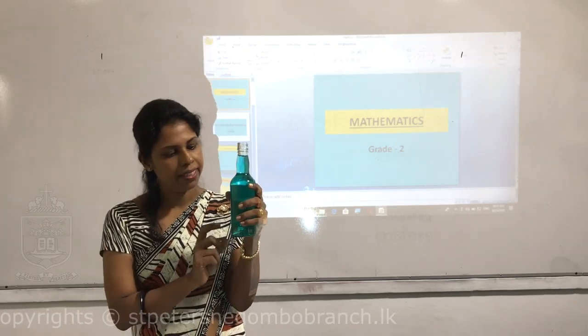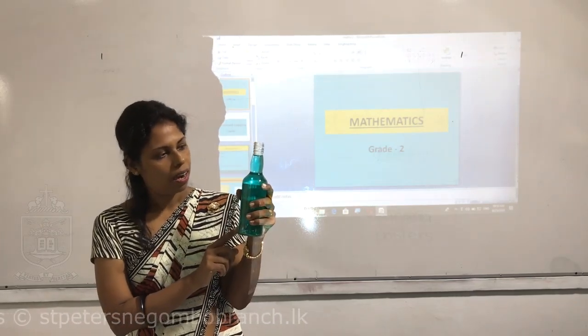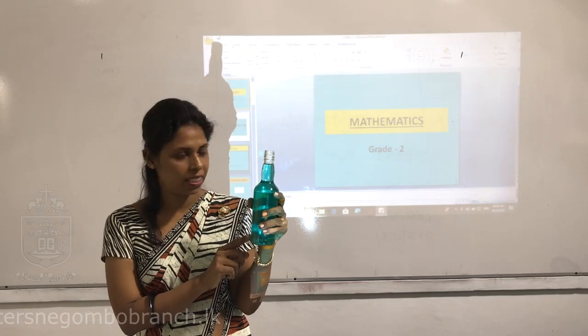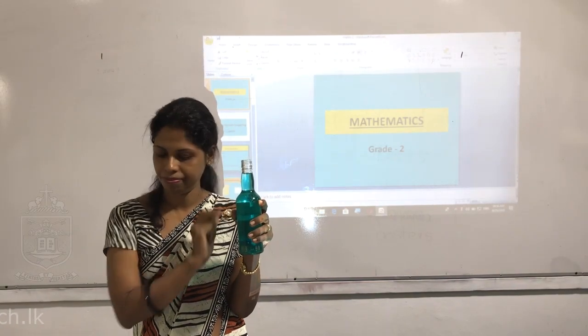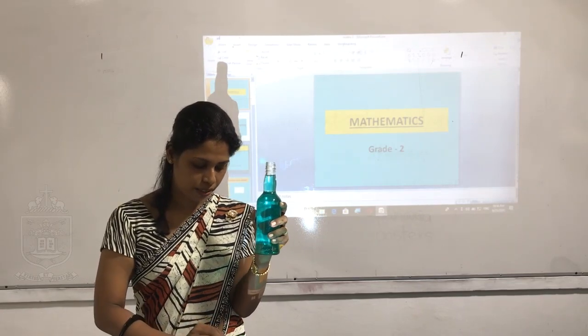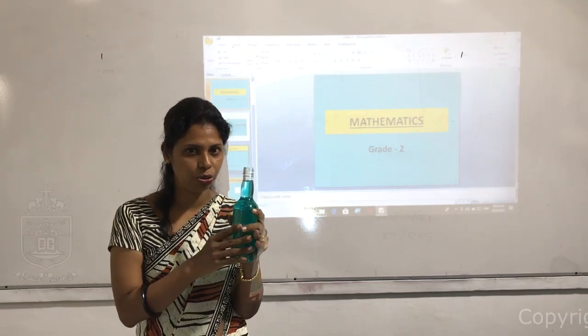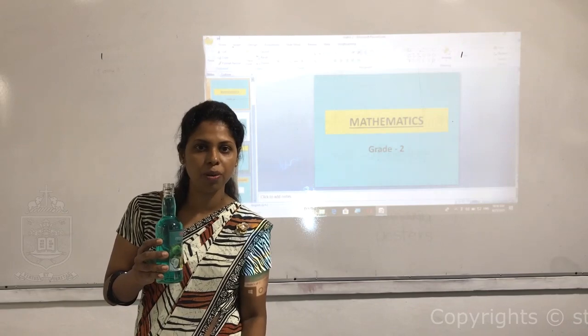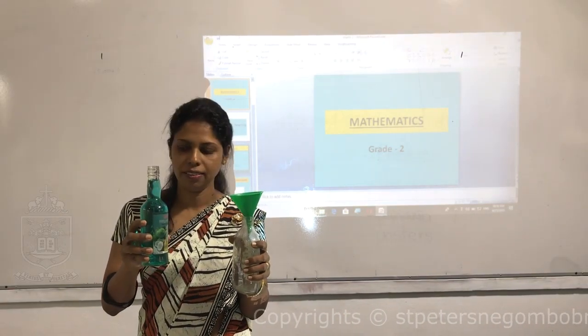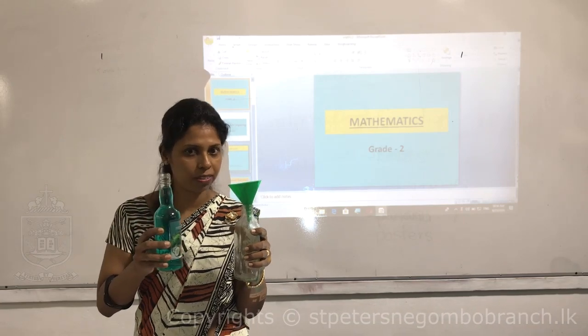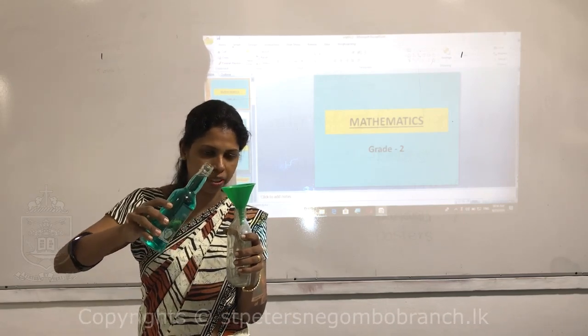Let's look. Now, I fill this bottle up to this level. Now, I am going to fill the other bottle. Now I am going to pour the water into this bottle. Let's look.